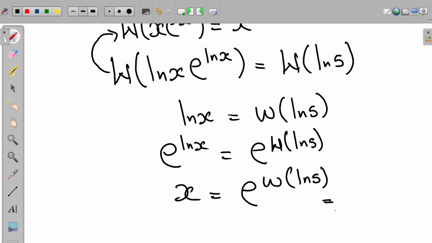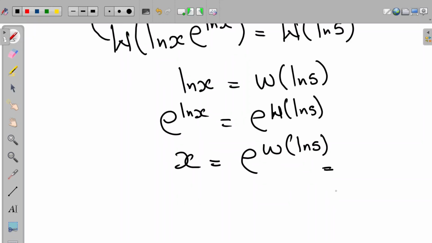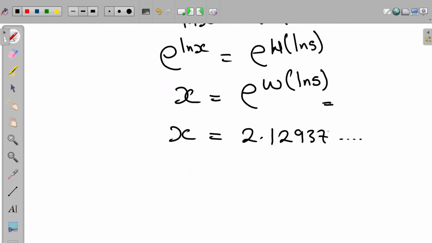Now we have obtained the value of x, but x can approximately be equal to 2.12937. So therefore, let's check if our answer is correct.